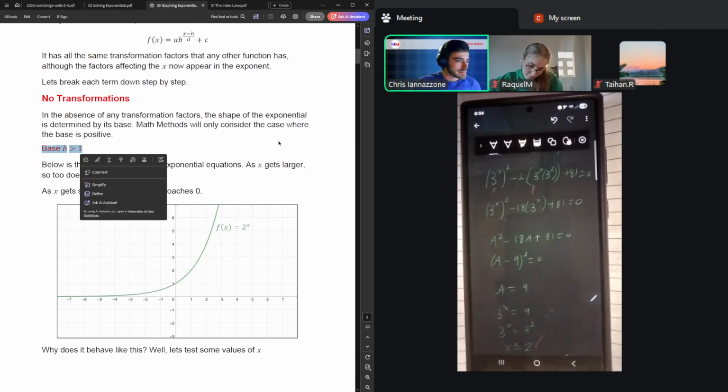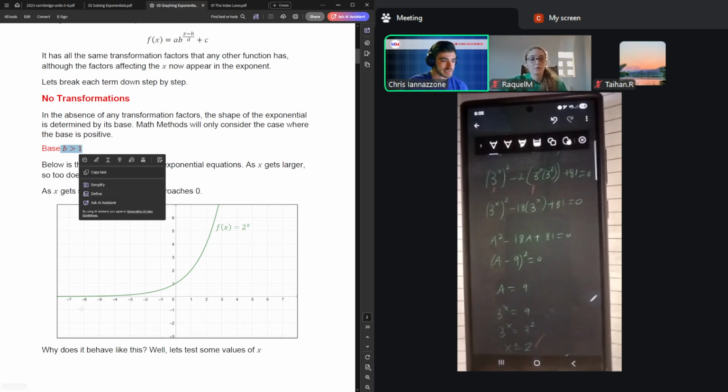The other strange thing about exponentials is that you don't just have the dilation, translation, and reflections to worry about. The base of the exponential now also has a significant impact. It's less about what the number actually is and more about what range of values it falls in.